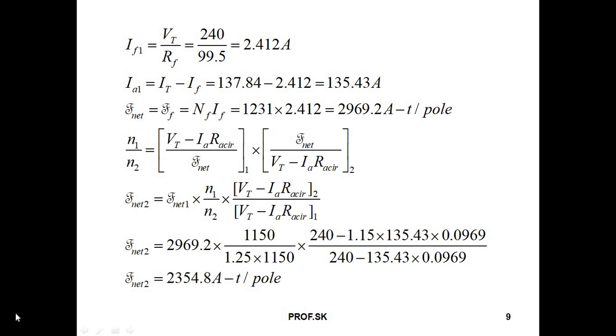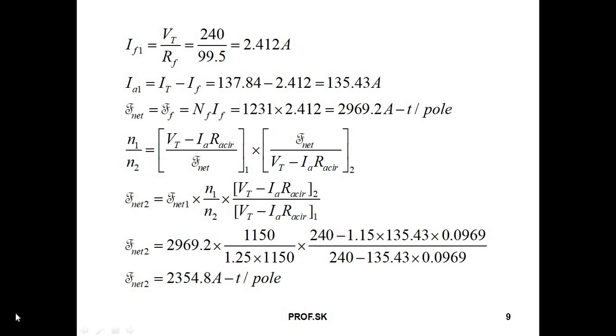Net MMF2 is equal to net MMF1 into N1 divided by N2. Net MMF is equal to 2969.2 into 1150 divided by 1.25 into 1150, into 240 minus 1.15 into 135.43 into 0.0969 divided by 240 minus 135.43 into 0.0969.